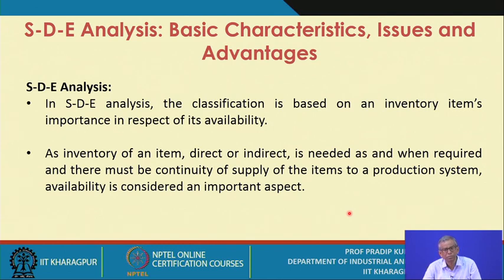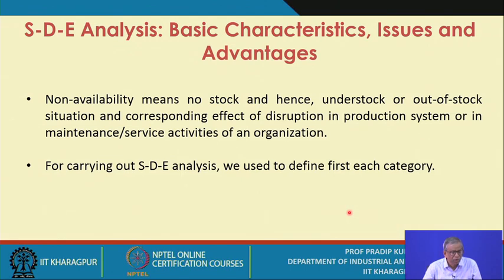The continuity of supply has to be maintained, and availability means to what extent you are able to maintain the continuity of supply. Non-availability means no stock, and hence an understock or out-of-stock situation may occur, with a corresponding disruption in production systems or in maintenance and service activities of an organization.